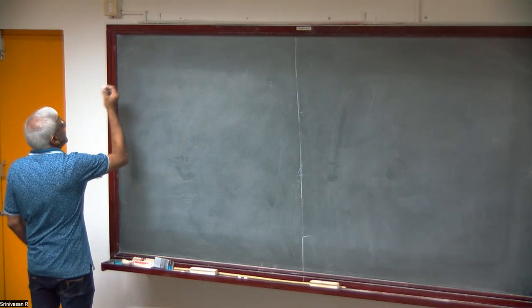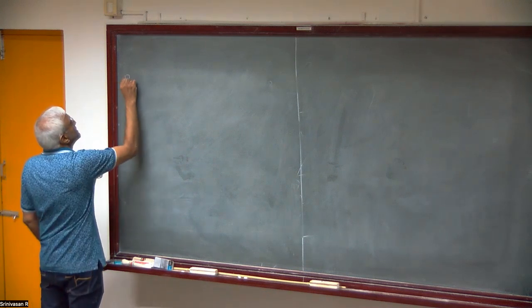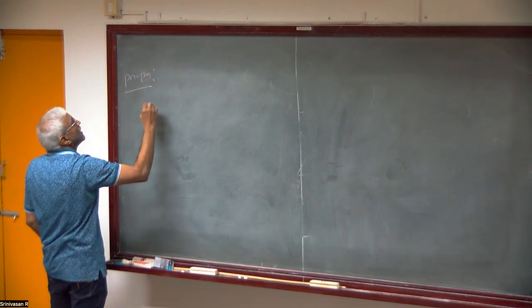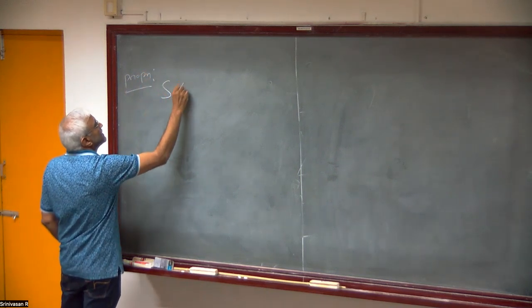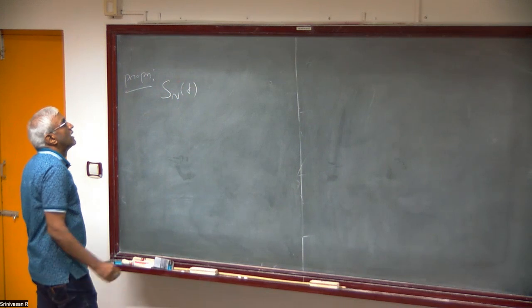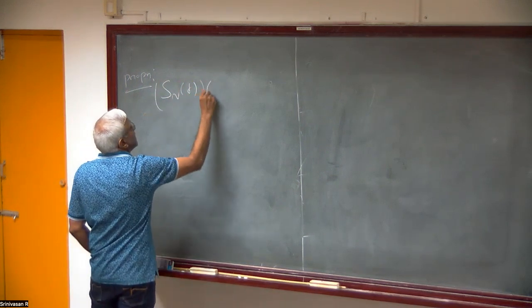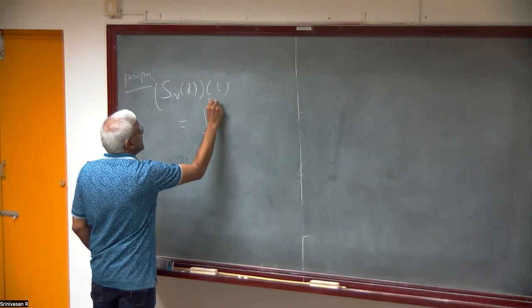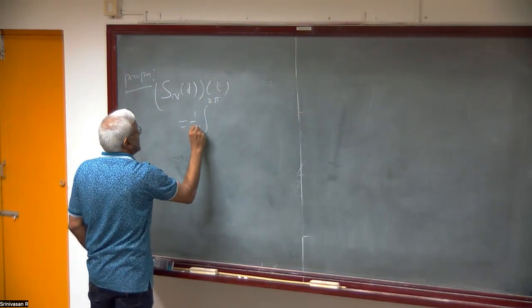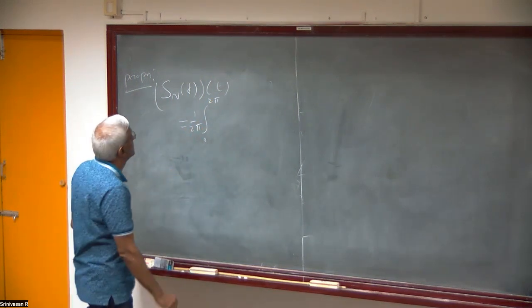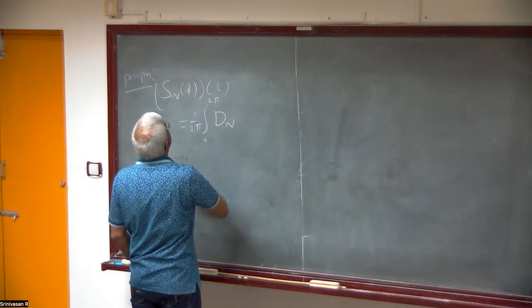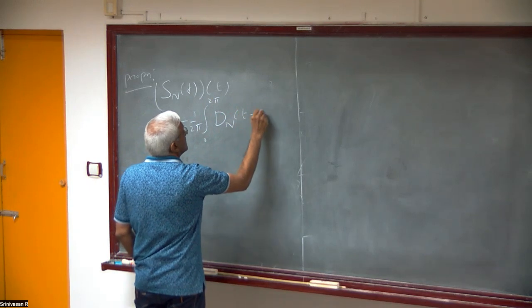So this is just a lemma, a proposition. S_N f at t is equal to the integral from 0 to 2 pi of 1 by 2 pi, and I just want to do a computation and stop, D_n(t minus s) f(s) ds.